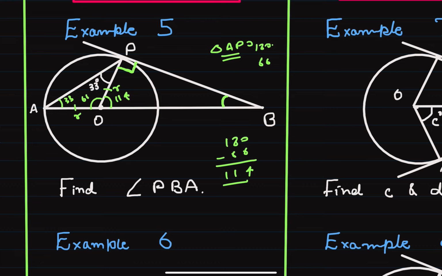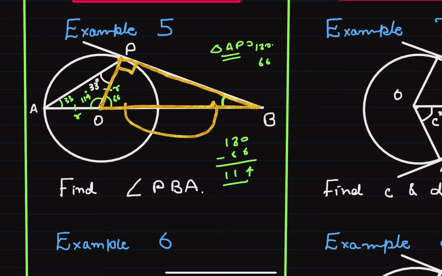So if this is a right angle triangle, and I know that this is 90, so these two should be complementary, right? Sorry, I'm really sorry, this is 114 and this is 66, right? So these two should be complementary.